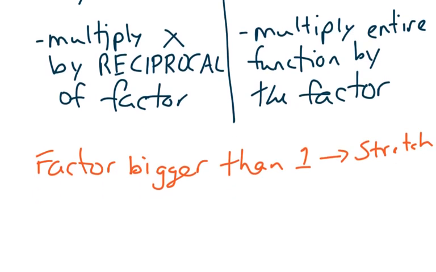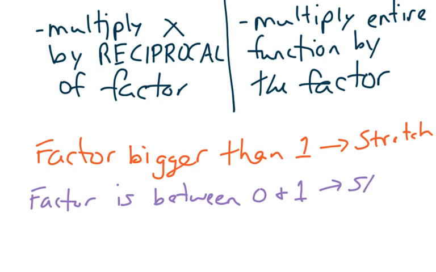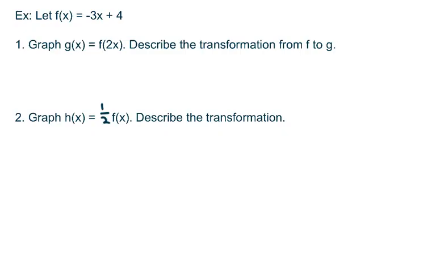Whether it's horizontal or vertical, it doesn't matter. If your factor is between 0 and 1, that is going to be a shrink. Whether it's horizontal or vertical, doesn't matter. A factor bigger than 1 means it's a stretch. A factor between 0 and 1 is a shrink, both horizontally and vertically. Okay, so let's try a couple of examples here.